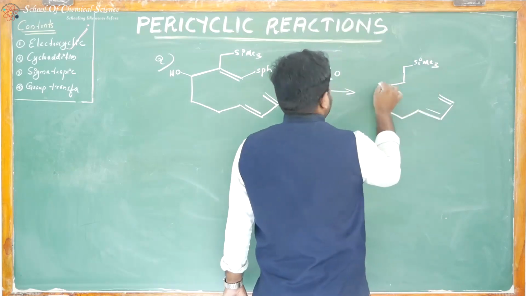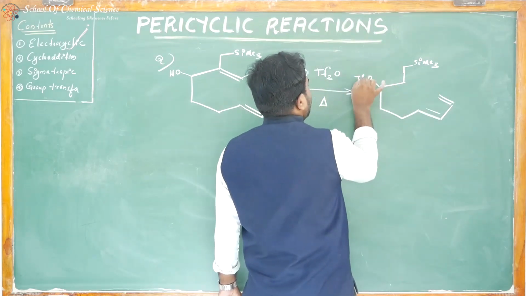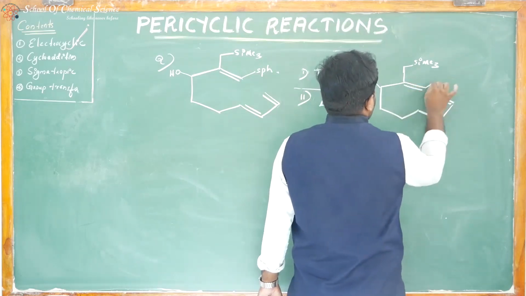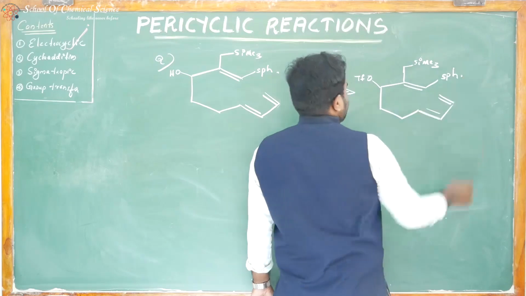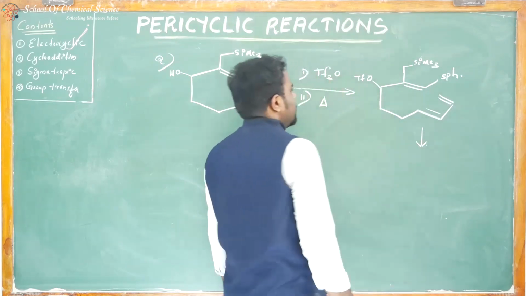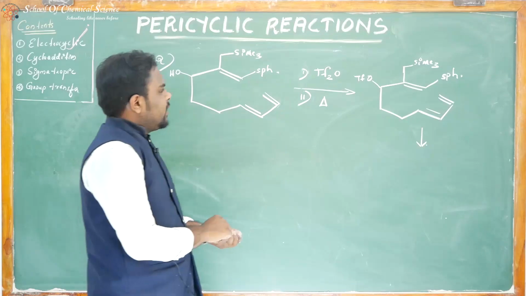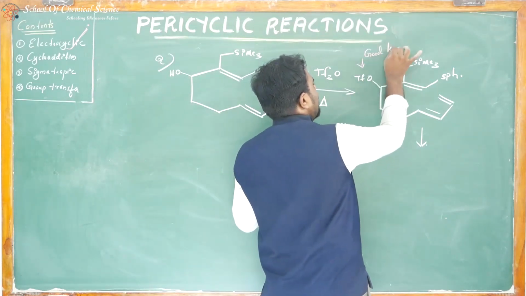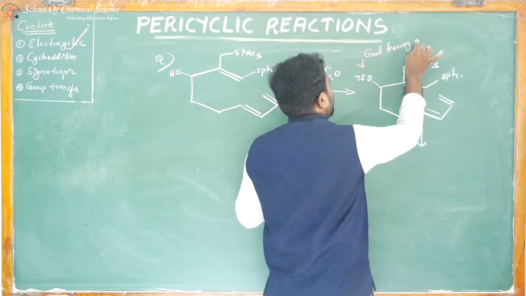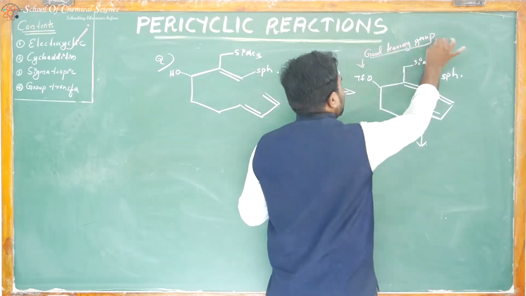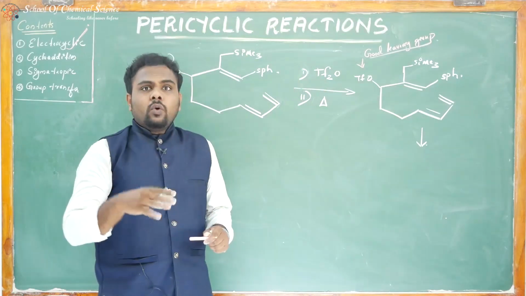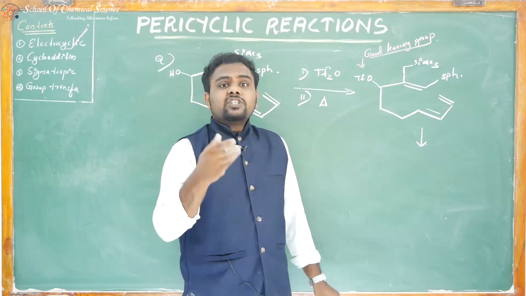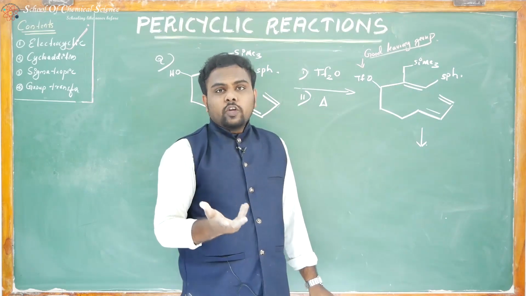SiMe3. This OH is converted to OTf, triflate, double bond, SPh. Then in the next step, OTf is a good leaving group. OAc, OTf, SiMe3, H2O, these are good leaving groups.